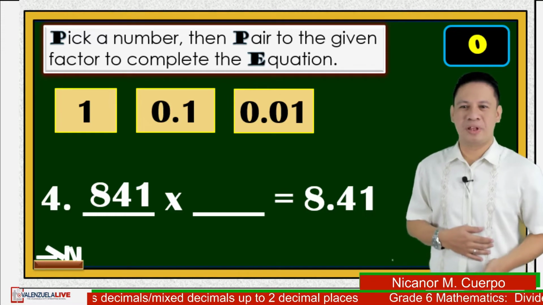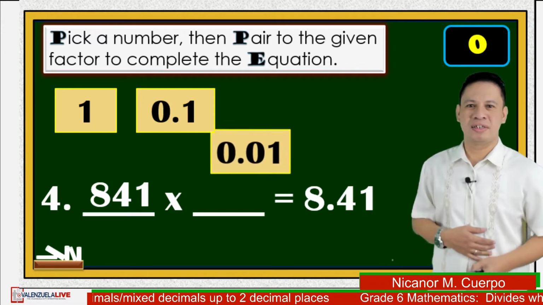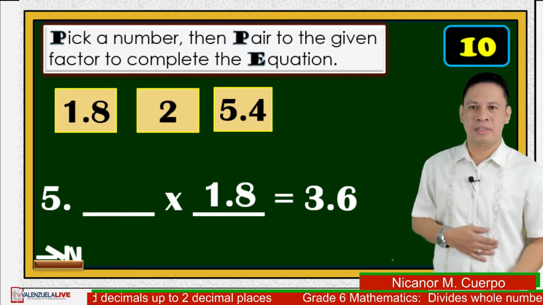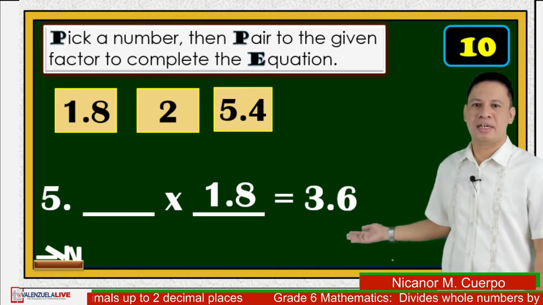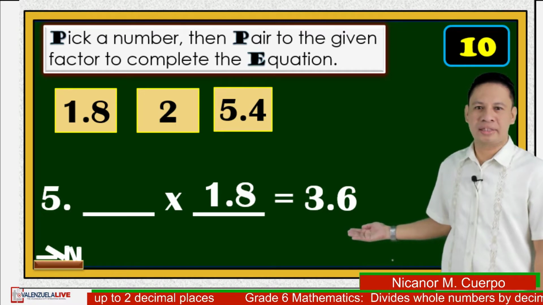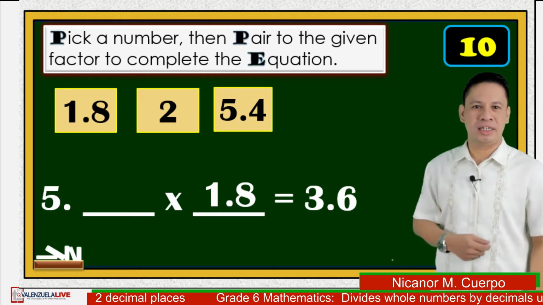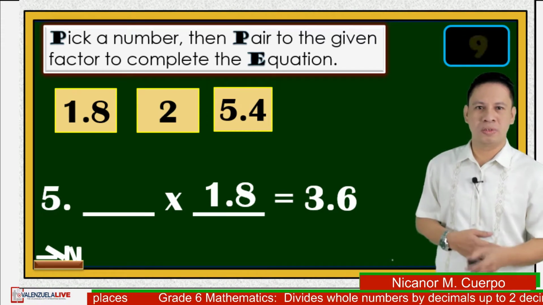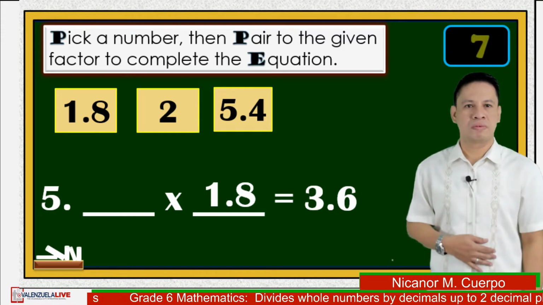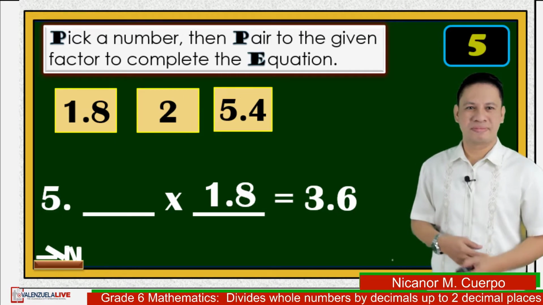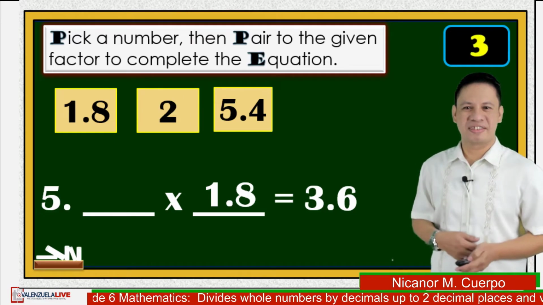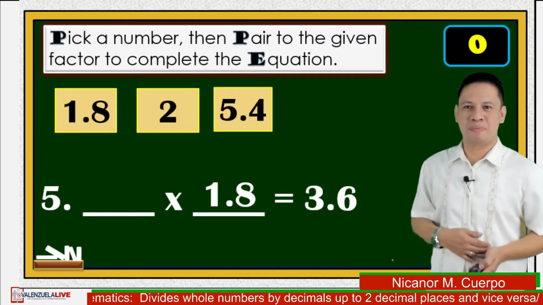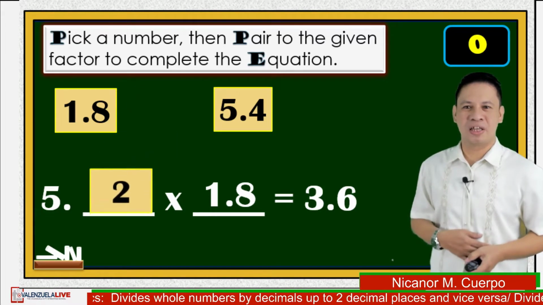Okay, time's up. The correct answer is 100. Next. Number 5, blank times 1 and 8 tenths equals 3 and 6 tenths. PPE, go. Time's up. The correct answer is 2.